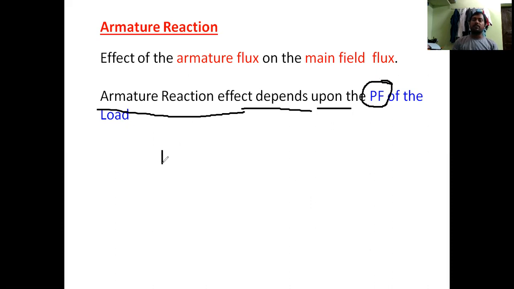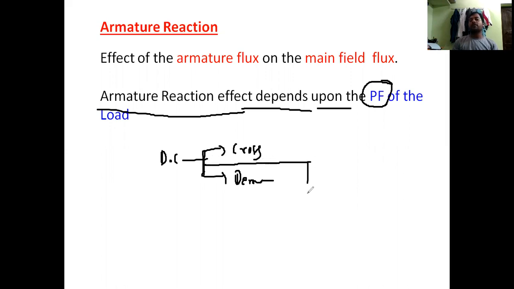In a DC machine, cross magnetization effect and demagnetization effect will appear. But in an AC alternator, along with these two, there is an extra one, the magnetization effect.